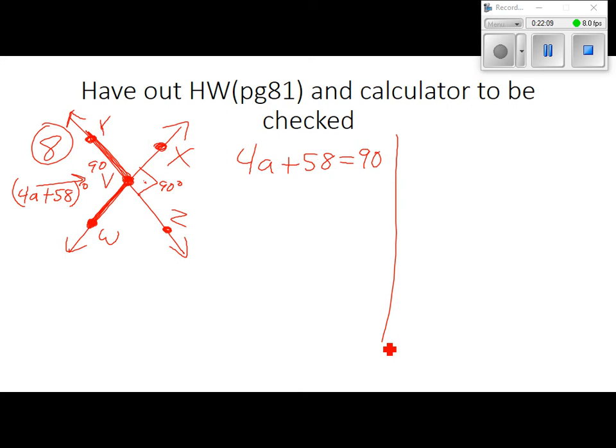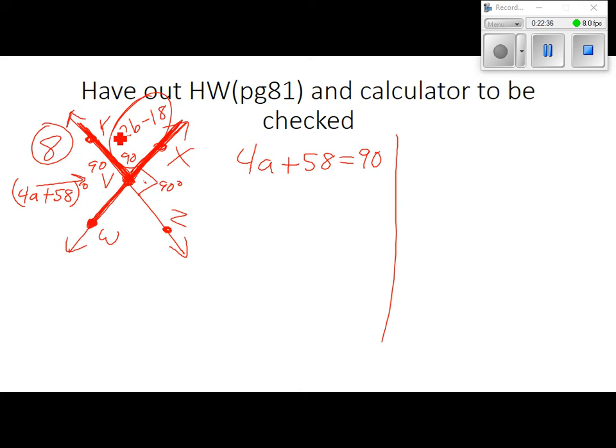Measure of angle XVY, that's this angle. What do we know about that angle? How many degrees is it? The right angle, it's 90. And they told us that it was 2b minus 18. So what other equation can I set up?